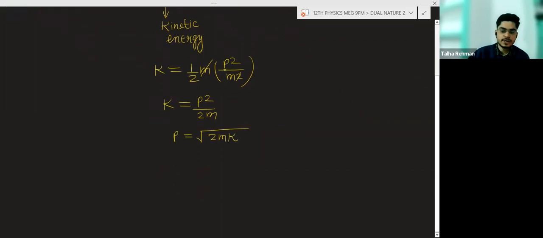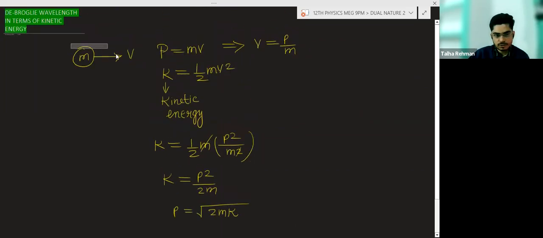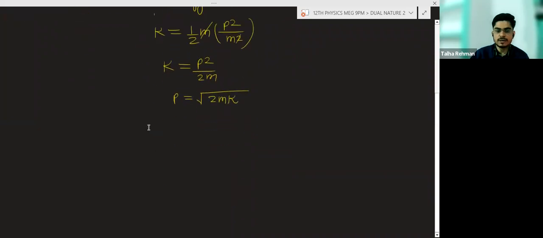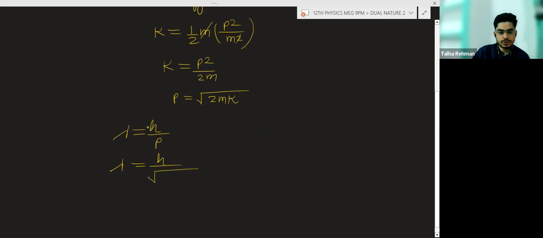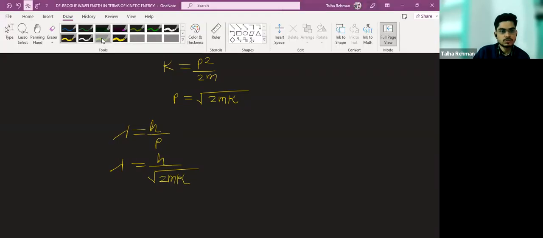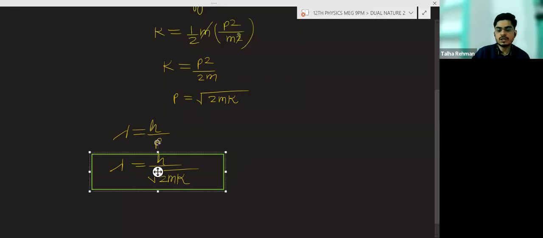Now for the de Broglie wavelength, lambda is h by p. So you will get lambda equal to h upon under root of 2mK. Instead of p, you put this value, 2mK. So this will be the de Broglie wavelength in terms of the kinetic energy.